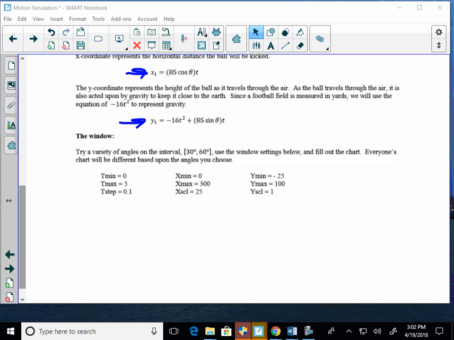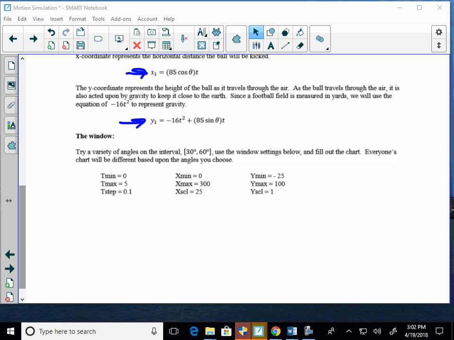Usually we would just do 0 because we're only working out of the first quadrant for real life stuff. And your Y max, that's the height. So we'll put 100 in there and see what happens. And let's go by 25 again. And graph it.